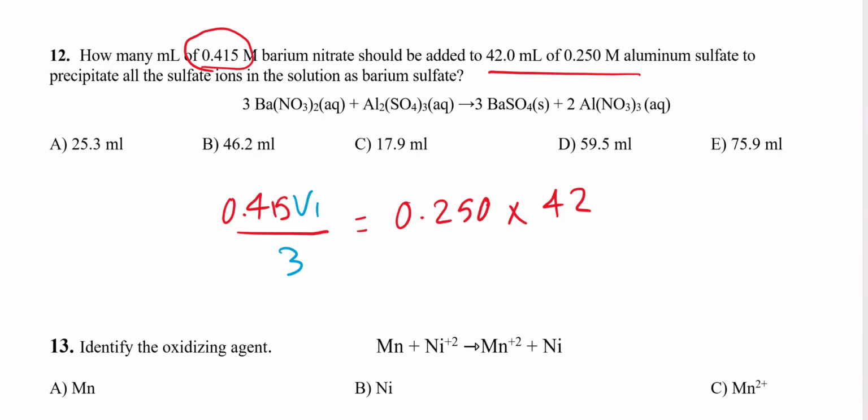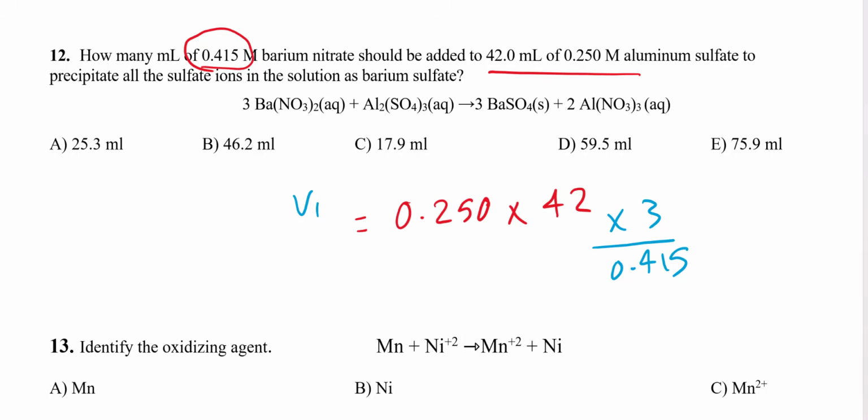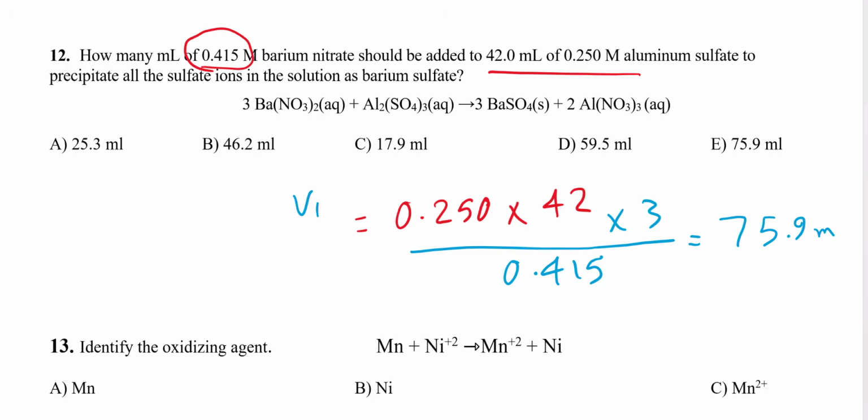Then if I multiply both sides by 3 and divide both sides by 0.415, these 3s cancel out and this number cancels out. Then V1 is equal to this fraction. The answer is equal to 75.9 milliliters. So E is the answer.